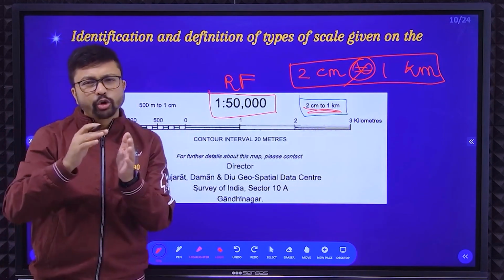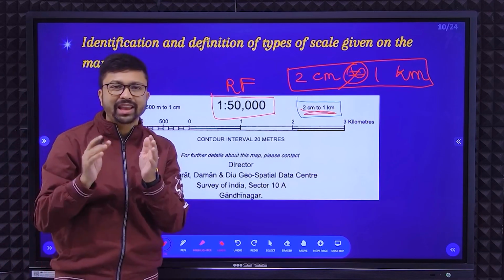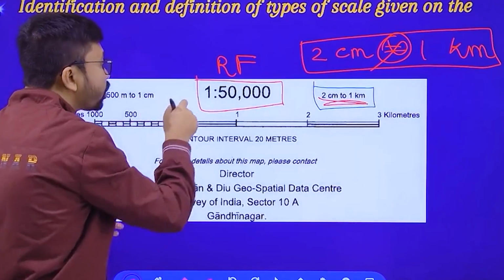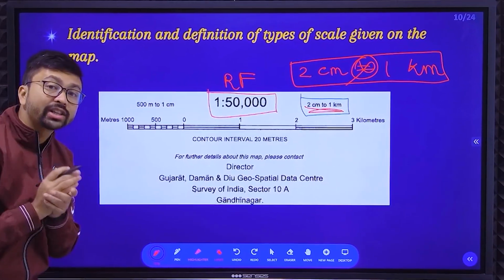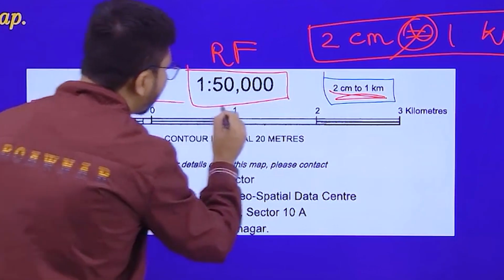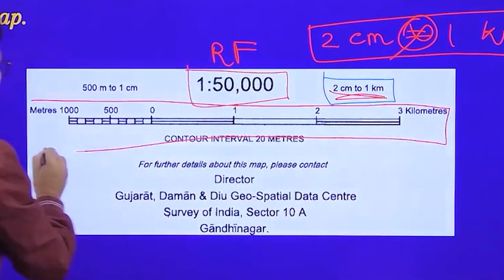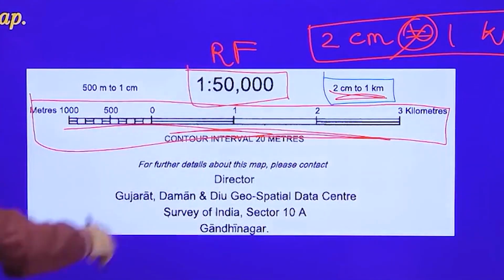Although you don't need to know the advantages and disadvantages of all the different types of scale, you just need to focus on questions like what is the statement scale given, what is the RF given, and what is the definition of scale. Along with that, there is the linear or graphical scale. Here you can see it is given along with a line, and along with the line a number is written.